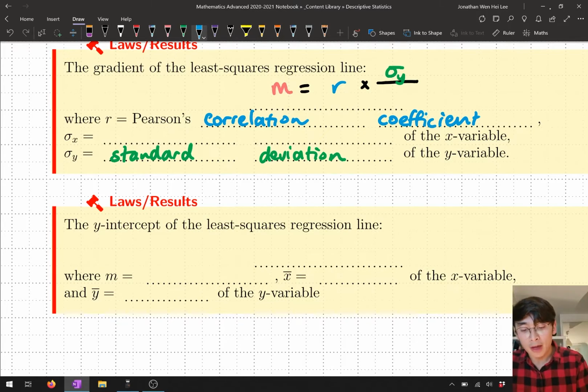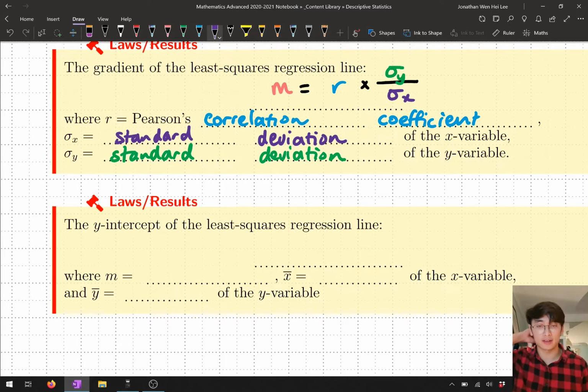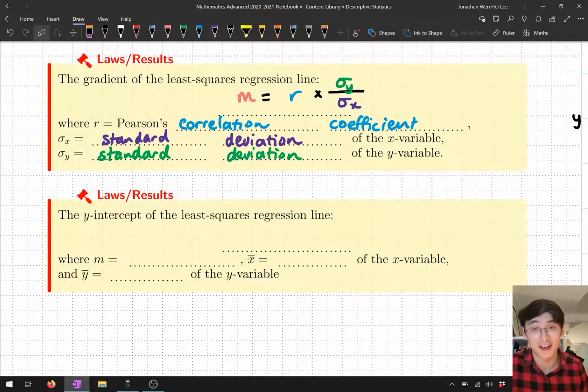Excellent. Below that, we've got sigma x, which is just my standard deviation of x, the x variable. And we can calculate these using our calculators quite easily, and I'll show you how we can do that. So this is the formula if we want to find the gradient of our least squares regression line.